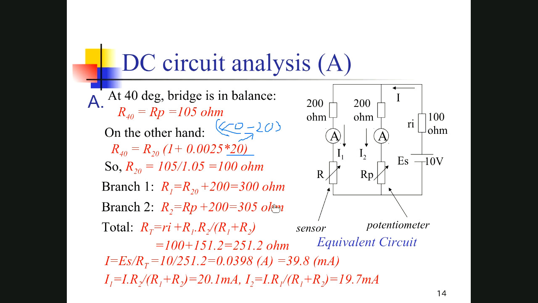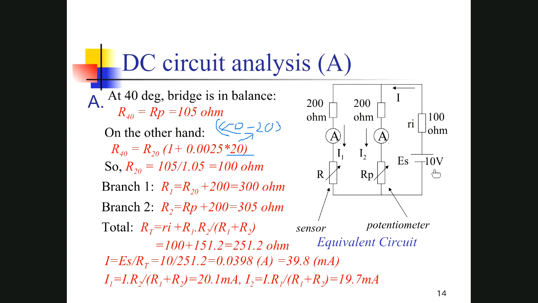So with this resistance in branch 1 and this resistance in branch 2, we can estimate the total system resistance referred to the source. The source is 10 volts here.